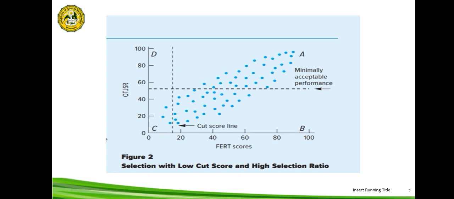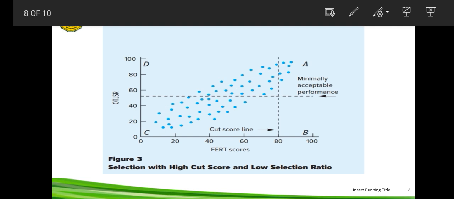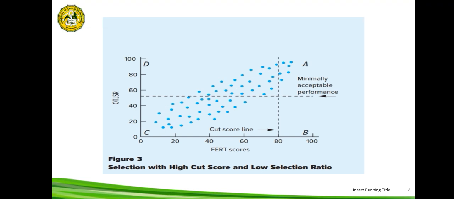So moving on to figure 3, which is the selection with high cut score and low selection ratio. Again, still the same, the permanent position was 60 as evidenced by all the dots in the quadrants. In quadrant A and B, ang FERT score dito ay naset sa, the cut score line is set sa 80.